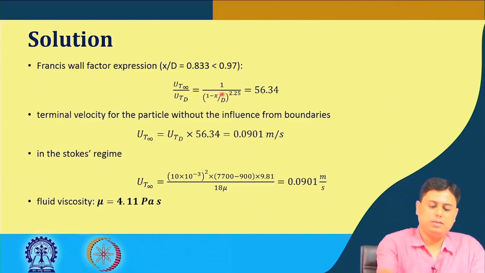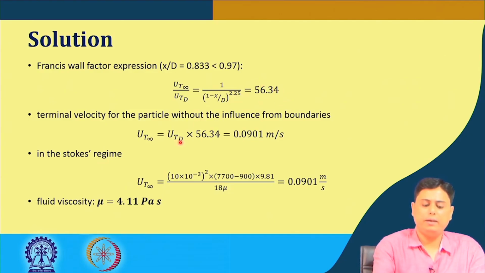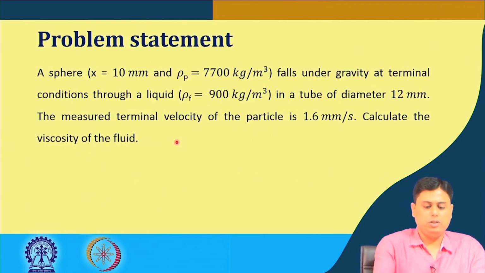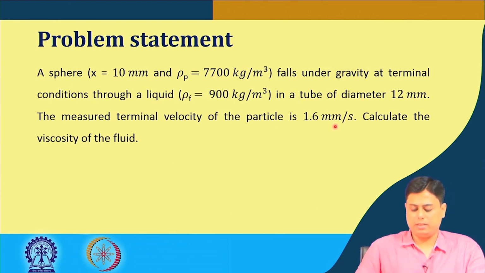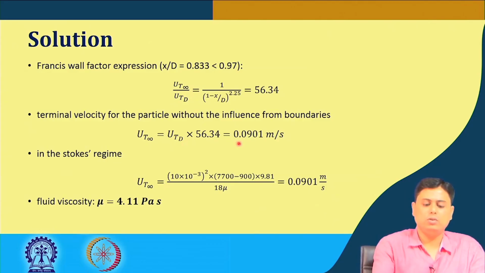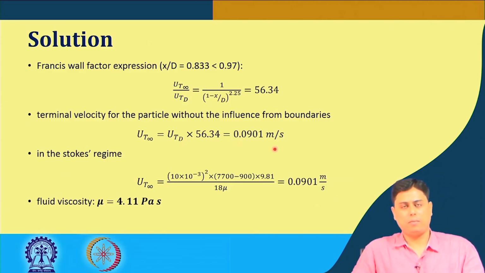If we replace the numerics here, we get this factor as 56.34 multiplied by this utd, which is 1.6 millimeter per second. We have to convert this to meter per second and then multiply to get the unit as meter per second. Okay. So that means by this step we have calculated the free fall velocity, or the terminal velocity, in an infinite pool of liquid.